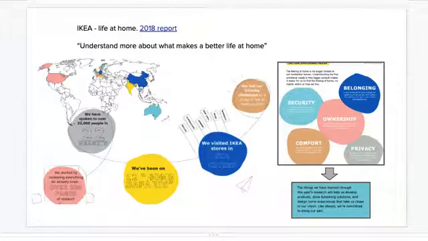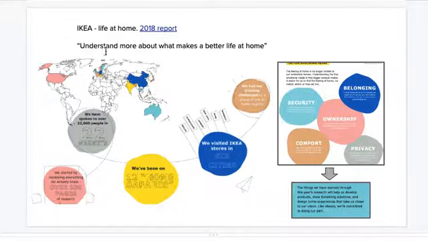They created this report. They've been doing it since 2014. It's called Life at Home. If you're on the slides, you can click here and go to a link to the report. But their objective is collecting all this data from different sectors and different areas, mainly about living, and understanding more about what makes a better home, what makes a better life at home.